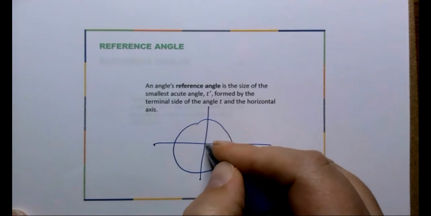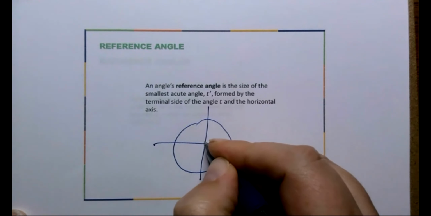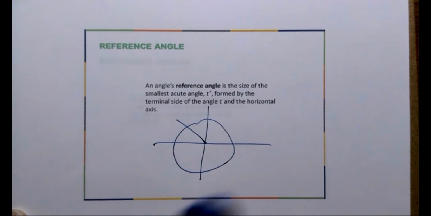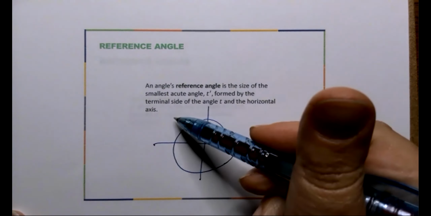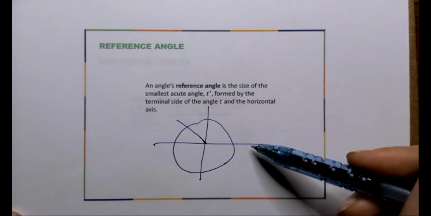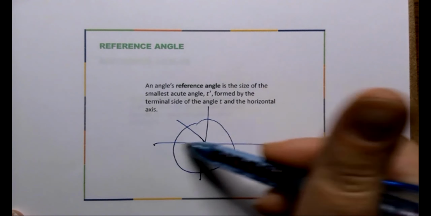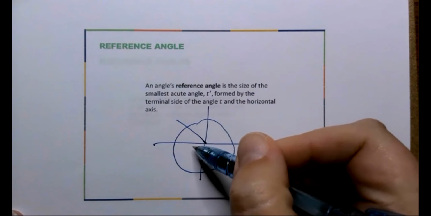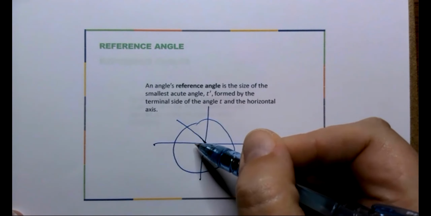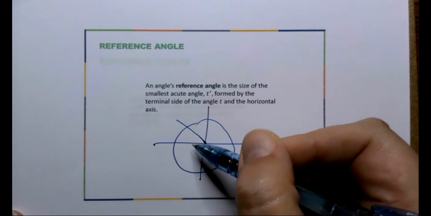If our angle's terminal side is here, the reference angle would be the angle between the terminal side and the x-axis. Okay, so it's the smallest angle. It's always an acute angle, always between 0 and 90.